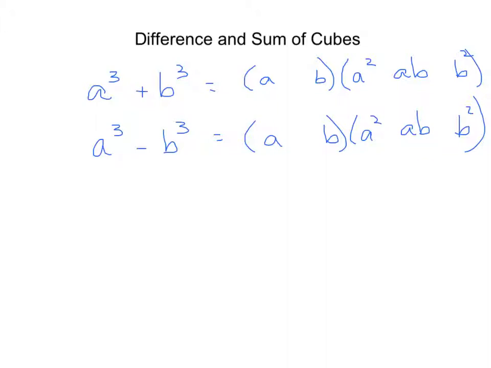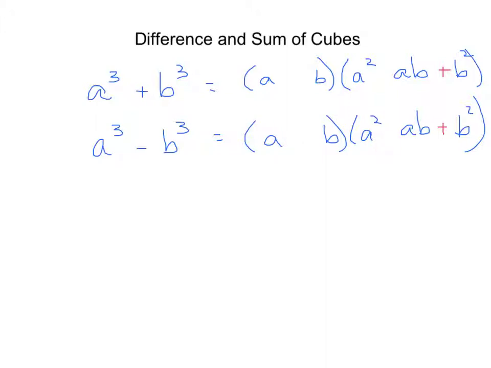Okay, so now you have to figure out what operators go in there, where the pluses and minuses go. So you start with the last sign. The last operator is always plus. Now let's look at the sum of cubes. You will always have a plus or a minus in these 2 places. It just depends on what order to put them in. So remember, whatever this is, this will be the opposite.